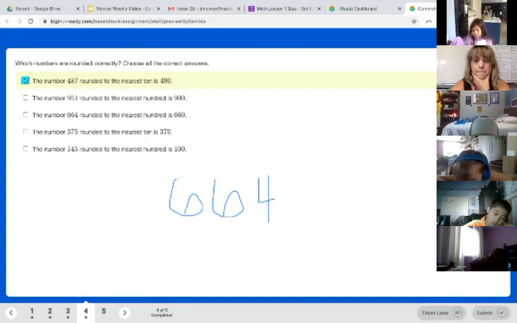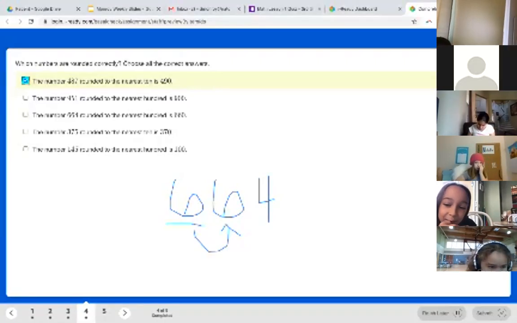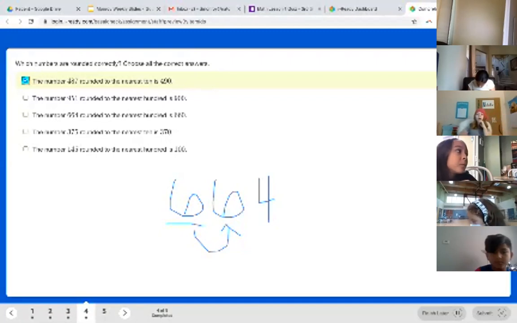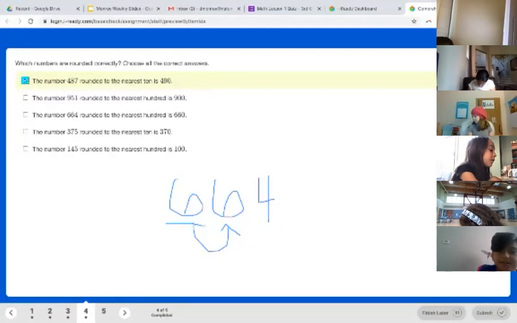Yep. 600. So it's 600, which means the 6. Good, thank you, William. And we're gonna look at the number next door, which is a 6. Is 6 greater than 5 or less than 5, Isaiah? 6 is greater than 5.